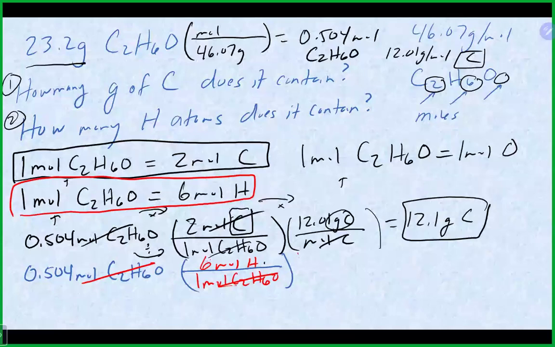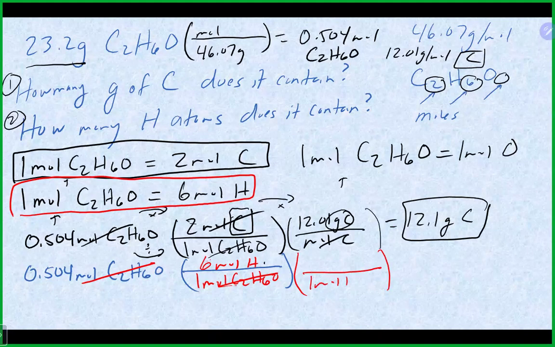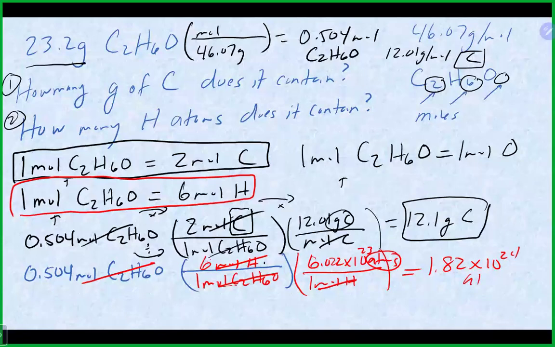I can now use Avogadro's number on the back end, and a mole of hydrogen will be 6.022 times 10 to the 23 atoms. Multiplying, the moles will cancel, leaving us atoms left over. We'll use our rounded number, 0.504 times 6 times 6.022 times 10 to the 23, which is going to get us 1.82 times 10 to the 24 atoms of hydrogen.